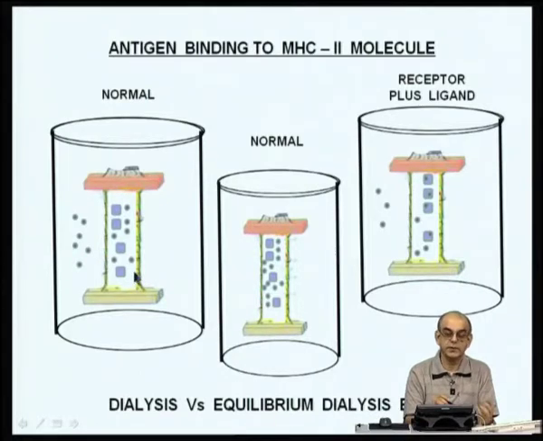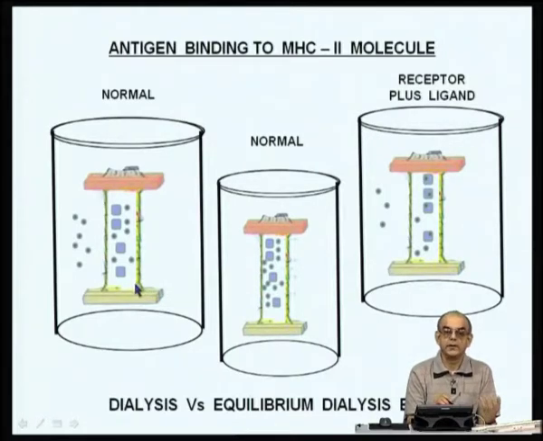One dialyzes a solution containing a high salt buffer against a low salt buffer outside the dialysis bag, and these low molecular weight buffer salts move out from the bag into the outside, and therefore you establish an equilibrium, and the larger protein molecules do not cross the membrane, because this membrane is semi permeable in nature.